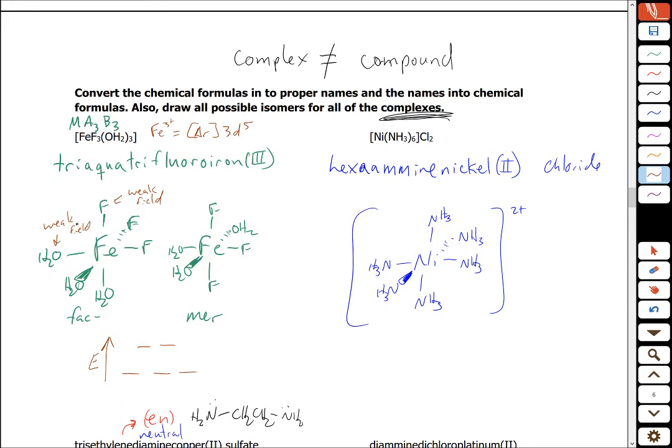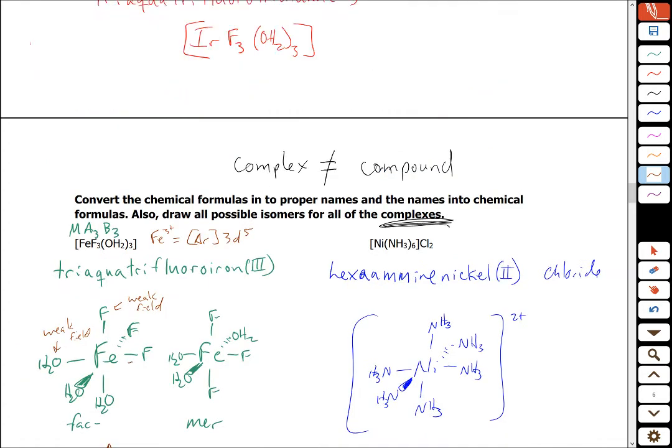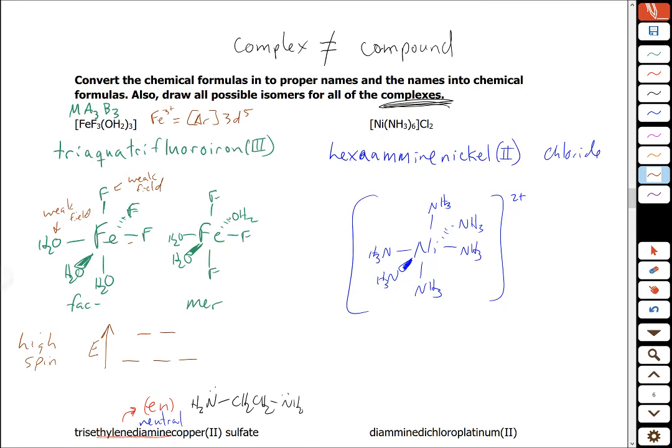And so we have weak field ligands attached to the metal, so this is going to be a high spin complex. And so high spin d5 is 1 electron in each orbital. That's 5 unpaired electrons.